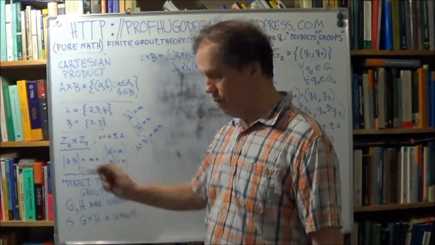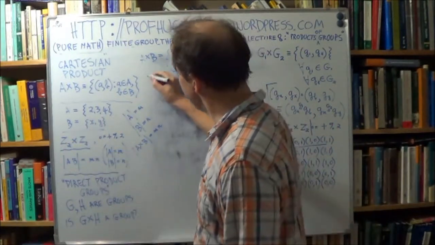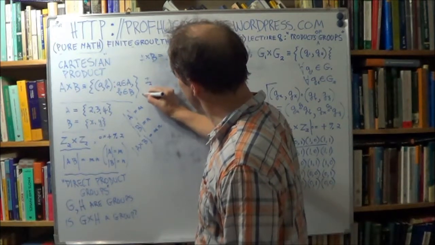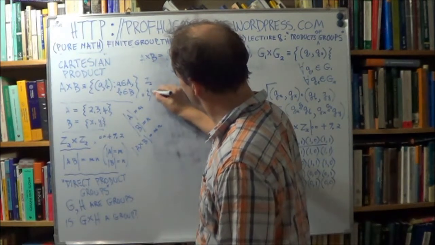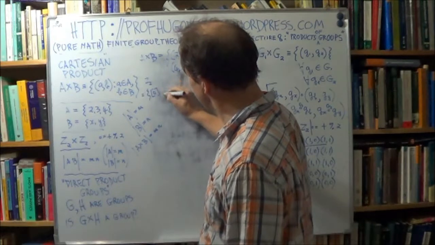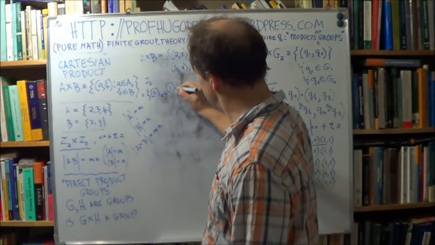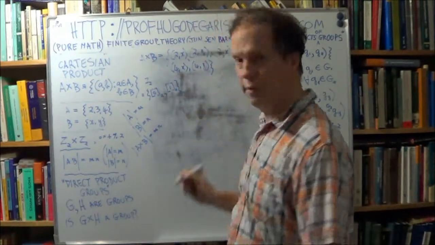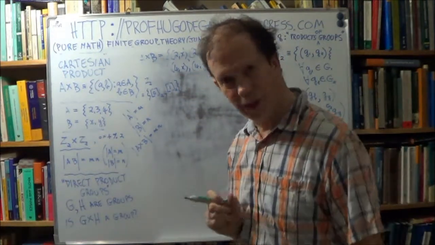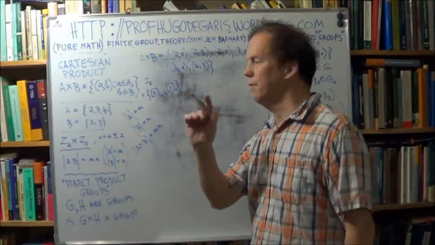Now it's mod 2, so the old notation Z2 would be the residue class 0 mod 2 and 1 mod 2. If you've forgotten what residue classes were, go back a couple of lectures.